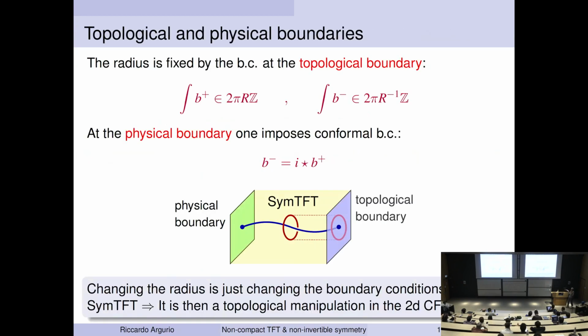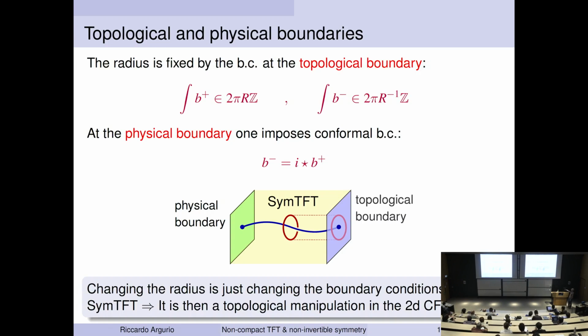Well, now I put a picture, and you recall everything you already heard this week about symmetry TFT. We have some boundary conditions at the topological boundary and some physical boundary conditions here. The way we choose to set this is as follows.